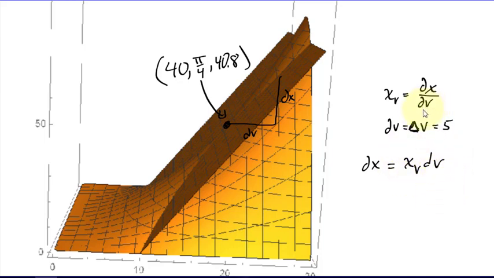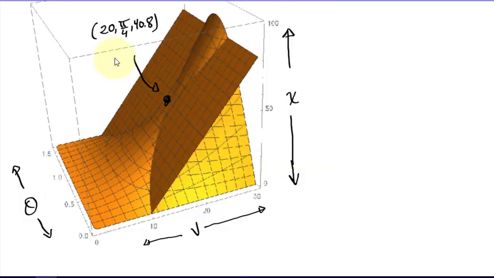Essentially, I'm just multiplying this differential in v over on the other side and getting a term that is part of the total change in x. And it turns out that's the only change in x, because in the other dimension, as we change the angle, there is no change in x because this happens to be a maximum of the surface with respect to changes, positive or negative, in the angle.